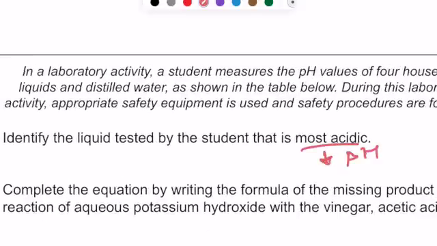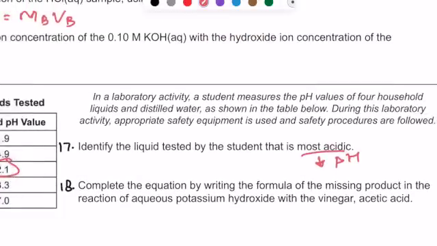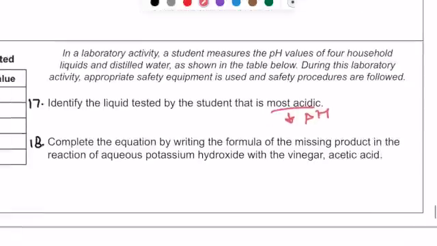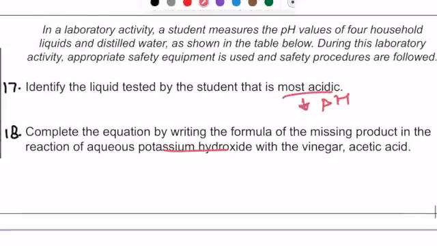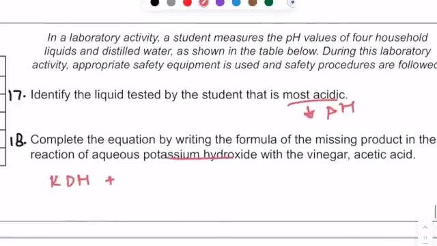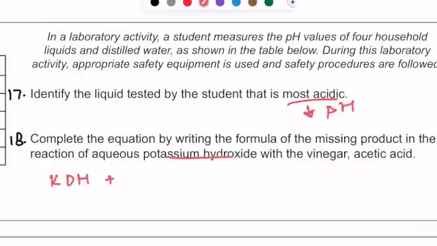Complete the equation by writing the formula of the missing product in the reaction of aqueous potassium hydroxide. So potassium hydroxide is KOH plus vinegar, or acetic acid. So you can always go to table K or L to find the formulas for your acids and bases. So acetic acid is actually CH3COOH.